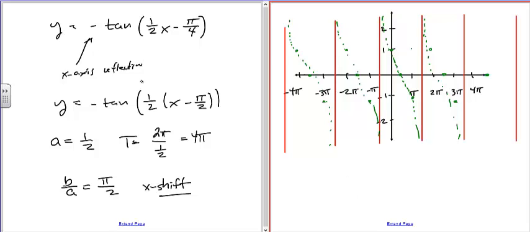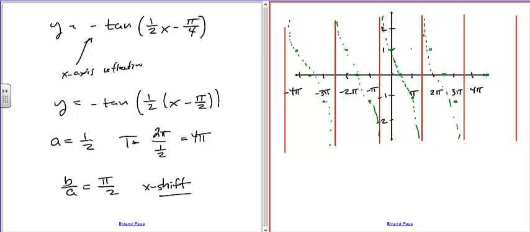Okay. So again, let's review. This half made it so the full period was 4 pi instead of 2 pi. We drew where the origin, where the x-intercept, tangent of 0 is 0, but then we offset that by the x shift, which turned out to be pi over 2, not pi over 4, so we always have to look at this version.